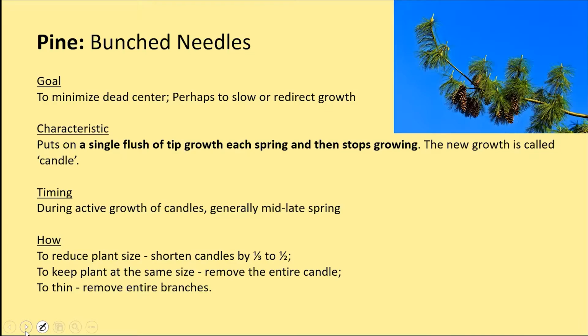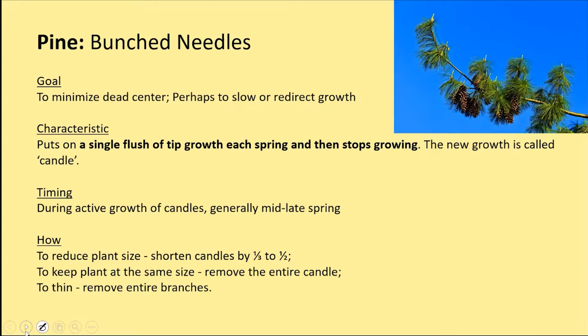So the time to prune is when the candles have just formed, generally when they are a couple inches long. If you want a more compact growth, you can shorten the candles by a third, a half.